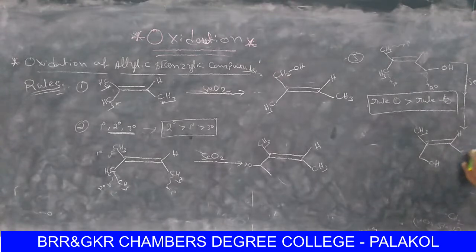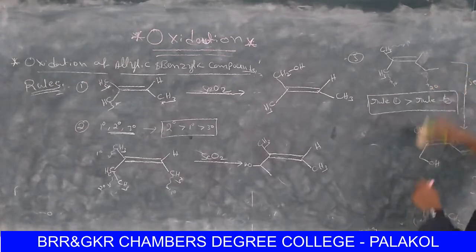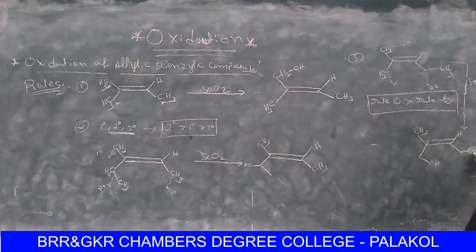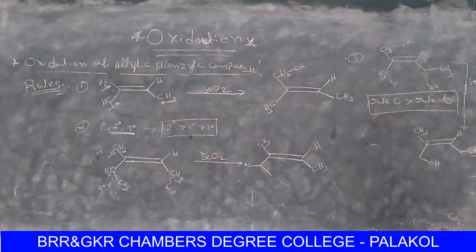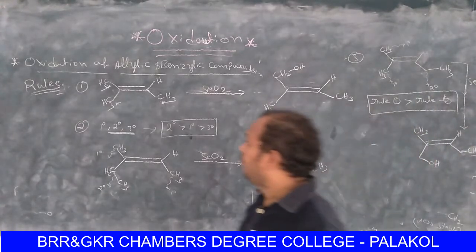Sorry, this is CH2, CH3, CH2, CH3 here. This is secondary, this is primary. But we are following rule number 1, so that's why oxidation takes place at this carbon only. So these are the rules we need to follow, right?